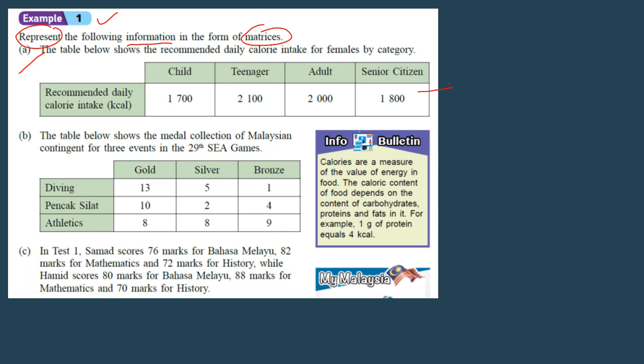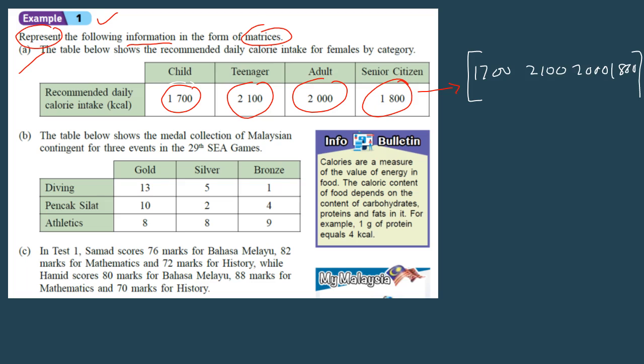So when you change into a matrix, you just make the bracket and then write the numbers. 1,700 and then 2,100, 2,000 and 1,800. Close. No need to put commas. But this one should be written in a better way, this is too crowded.